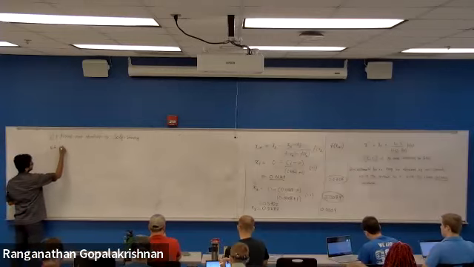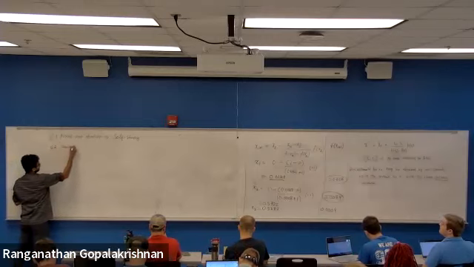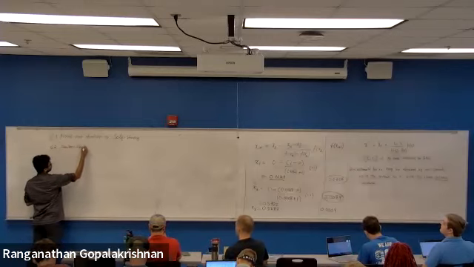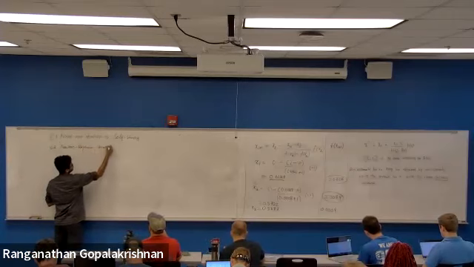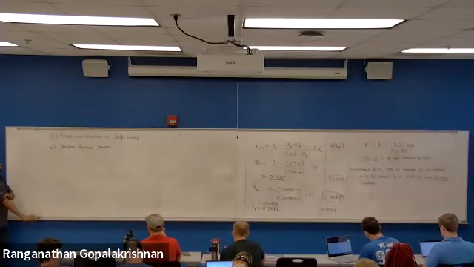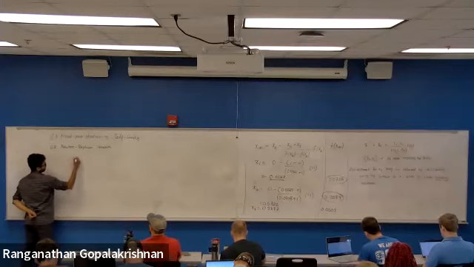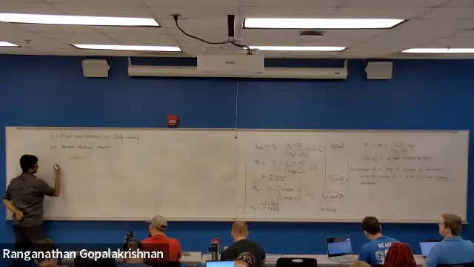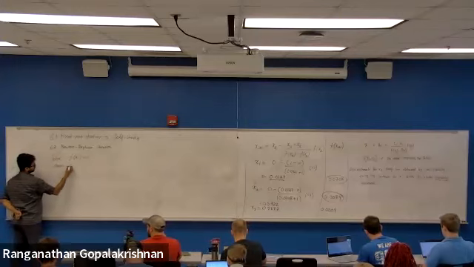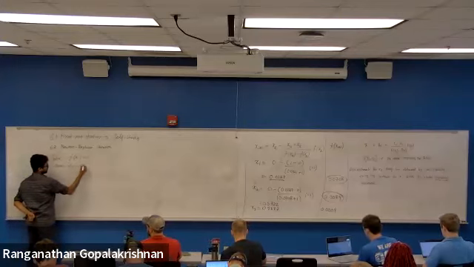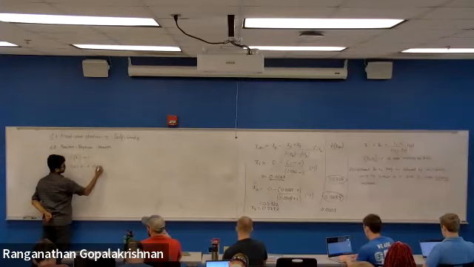Okay. 6.2, Newton-Raphson iteration method. So suppose we want to solve f of x equal to 0, where f of x is a differentiable function.